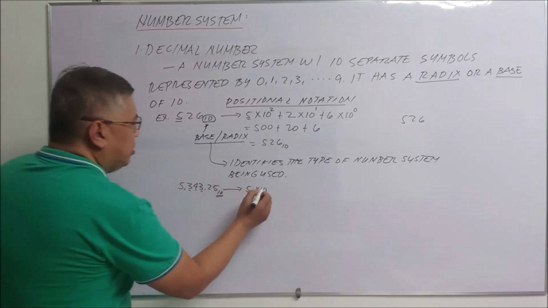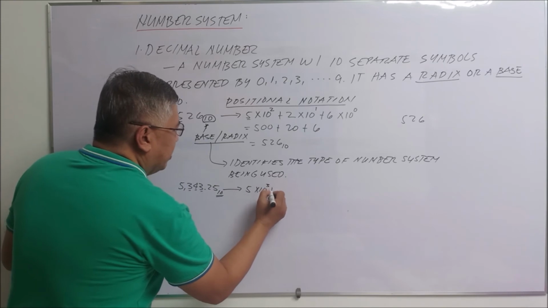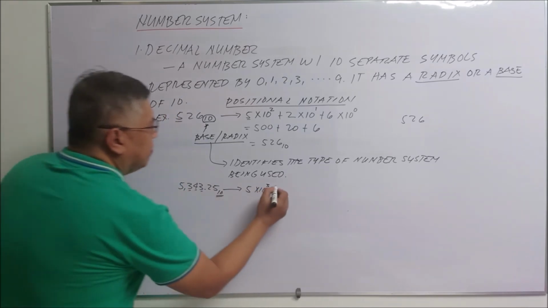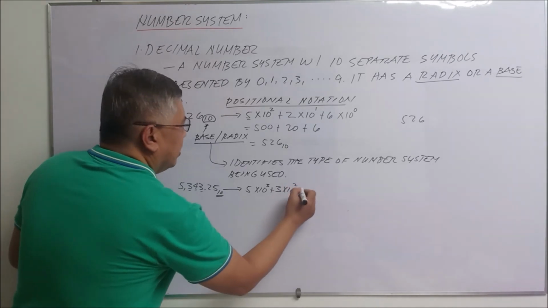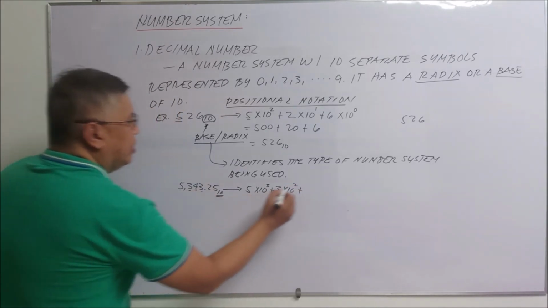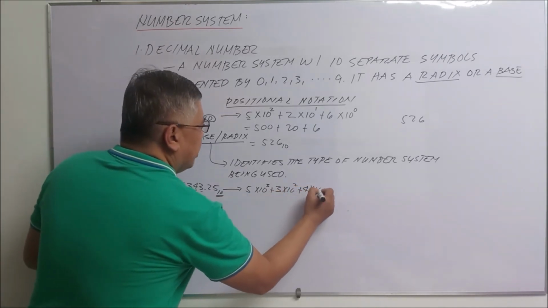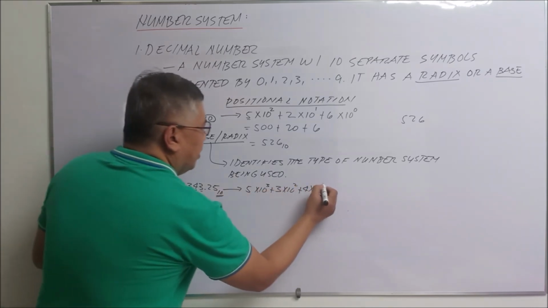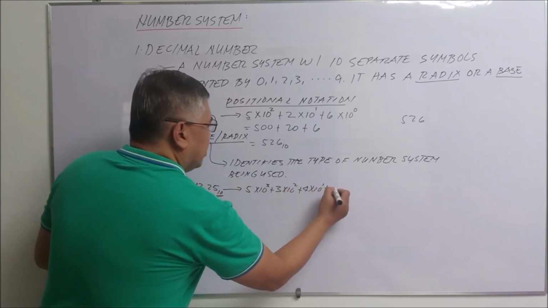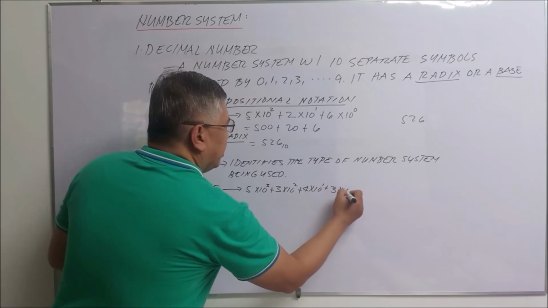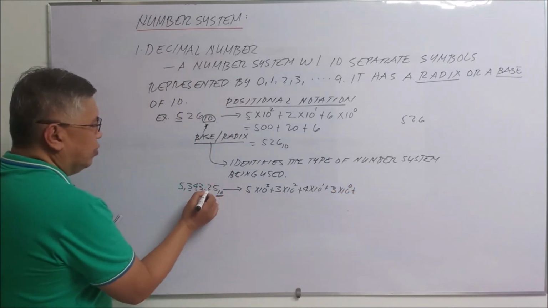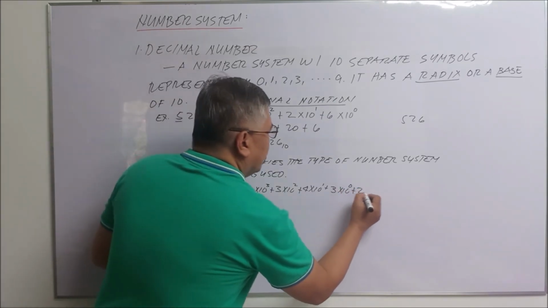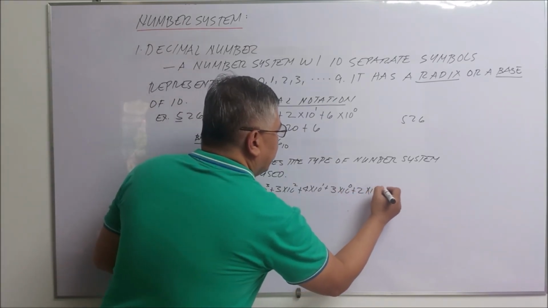So 5 times 10 to the third power plus 3 times 10 to the second plus 4 times 10 to the first plus 3 times 10 to 0 plus this one here 2, so you have 2 times 10 to the minus 1.